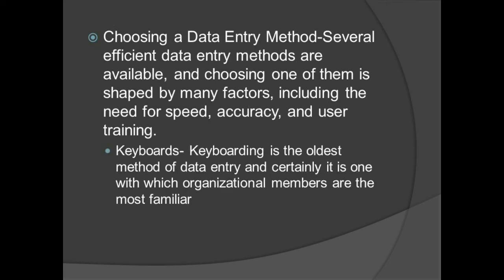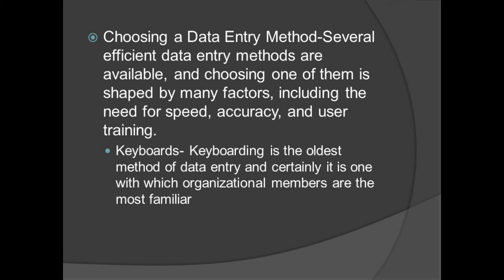Lastly, choosing a data entry method. Several efficient data entry methods are available, and choosing one of them is shaped by many factors, including the need for speed, accuracy, and user training. So under this data entry method are the keyboards.